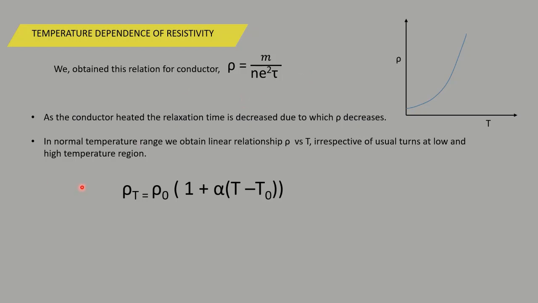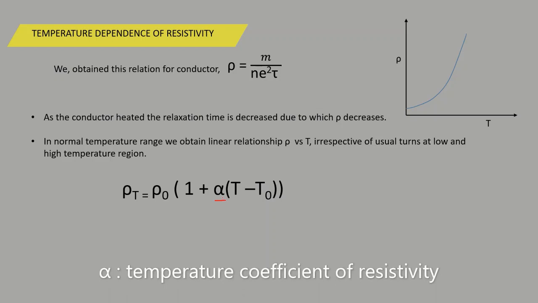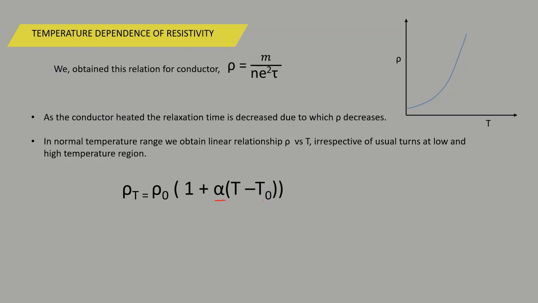And thus we obtain the relation for resistivity at any temperature as rho T equals rho 0, the resistivity at temperature T0, times 1 plus alpha into T minus T0, where alpha is the temperature coefficient of resistivity.